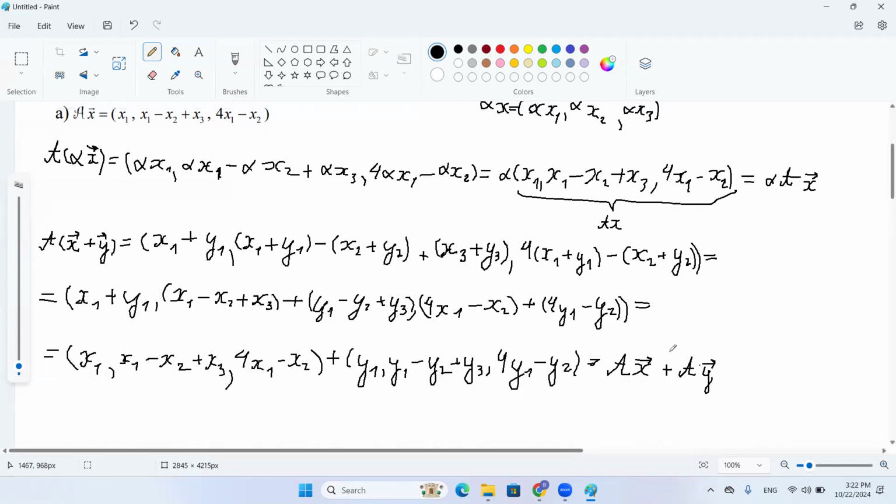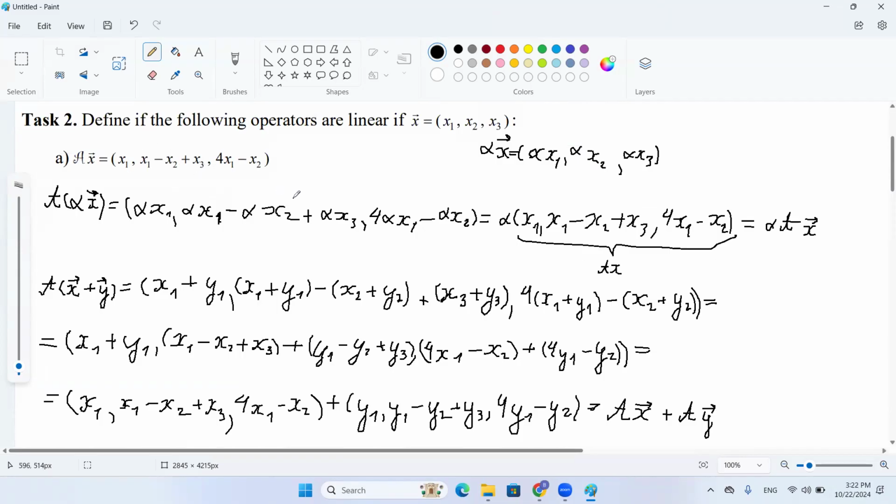So is the operator linear or not? What can you tell me about it? So what is the conclusion? It's linear. Linear? Not linear. Yeah, it's linear. You asked why it is linear, right? Or just confirmed?